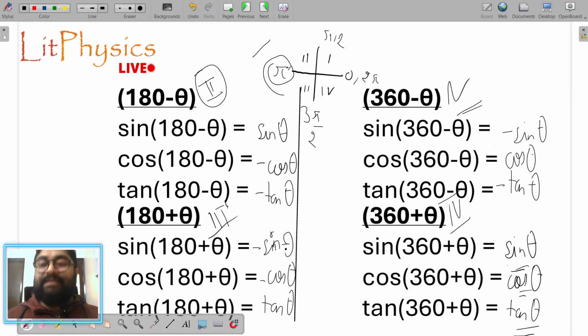Simply because 360 is equal to 0, therefore sine of 360 plus theta is equal to sine theta. You are just back to where you came from. When you add 360 to any angle, you come back to where you started. 360, or 2 pi, is the full circle, therefore sine of 360 plus theta is sine theta, cos of 360 plus theta is cos theta, tan of 360 plus theta is tan theta.